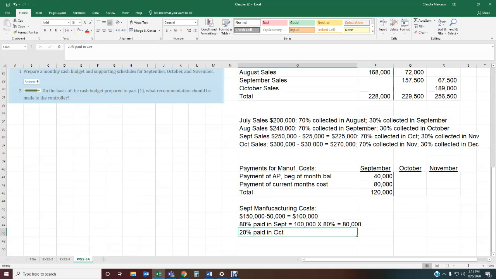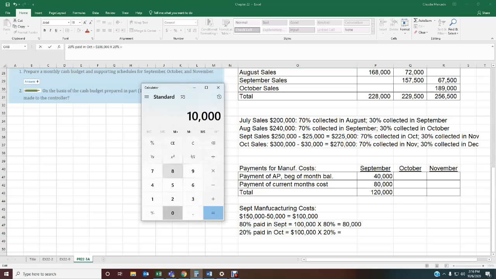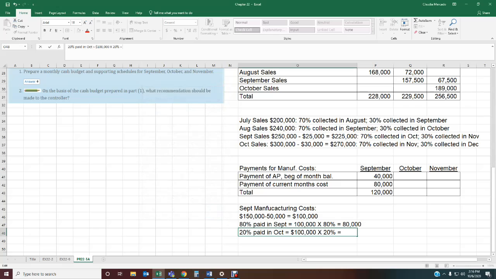Now, from my September manufacturing costs, I know that I am responsible to pay 20% in October. So I'm going to take my $100,000 and multiply by 20%, and let's see what that gives us. 100,000 times 20% gives me $20,000.